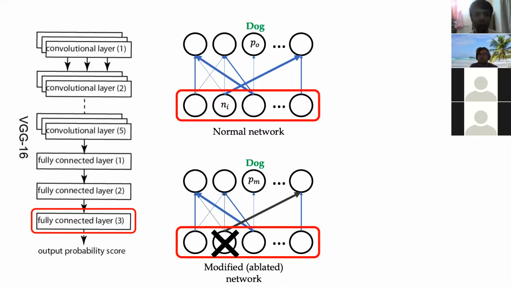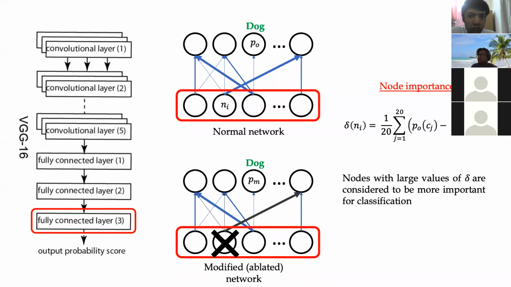So you are removing this node from influencing whatever decision making happens. You do that, and you again compute the probability score for the given set of images when you remove this particular unit.